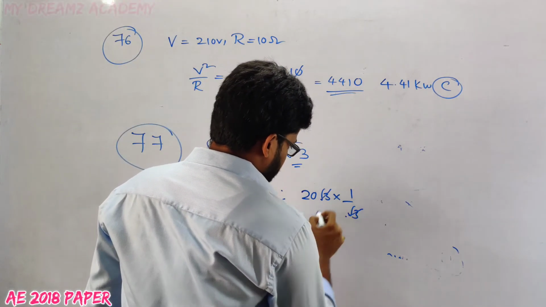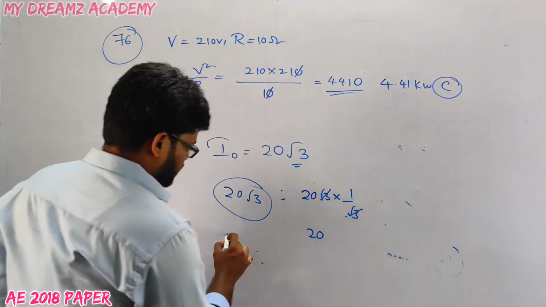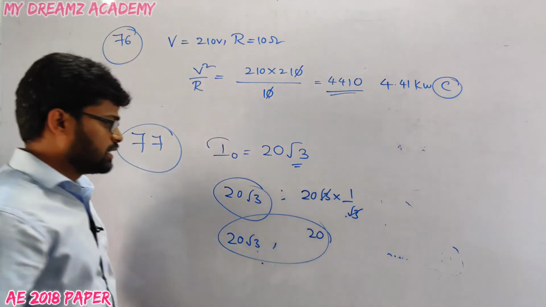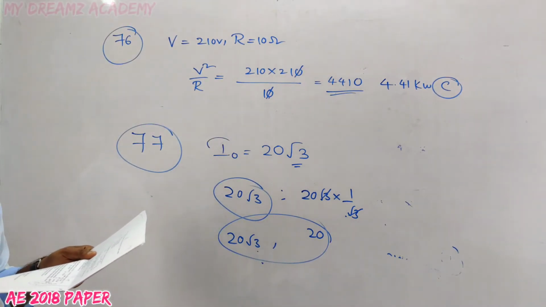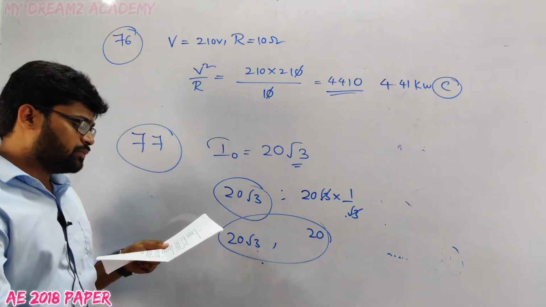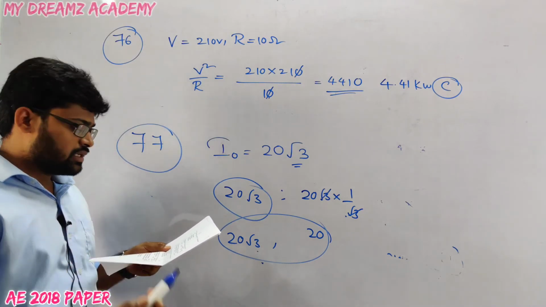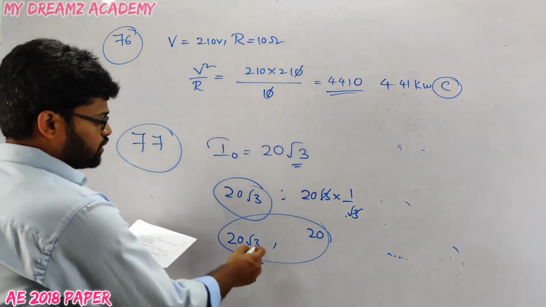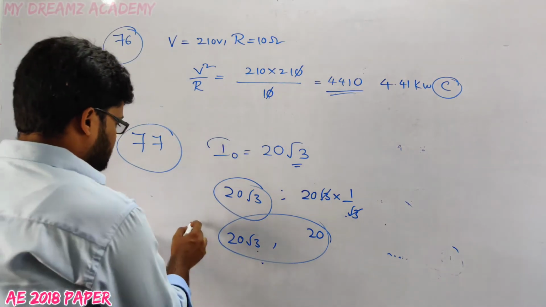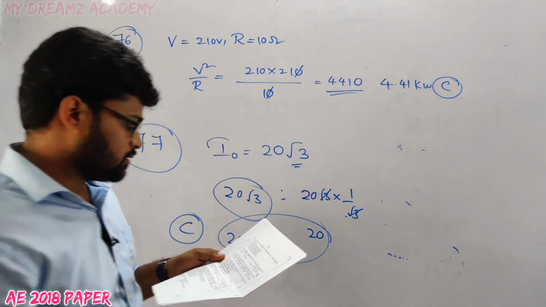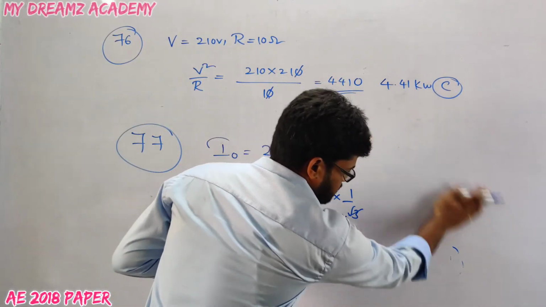The 1 by 3 will get cancelled. So the answer is 20√3 comma 20. I will read the question once again. We need to calculate the peak value and RMS value of currents for each switching device, that is 20√3 and 20. Option C is correct. Now we are going to see question number 78.